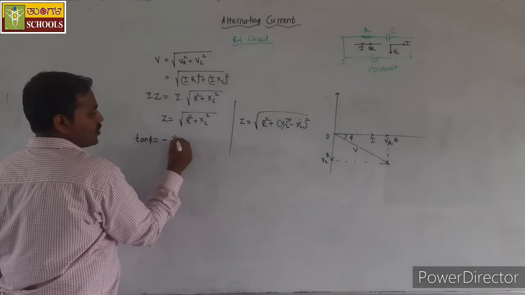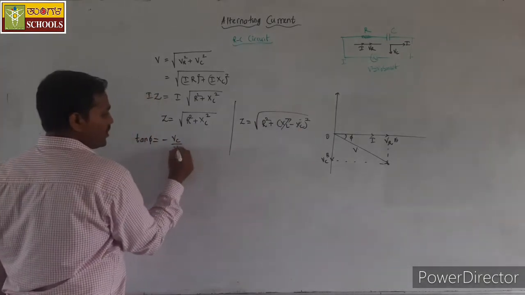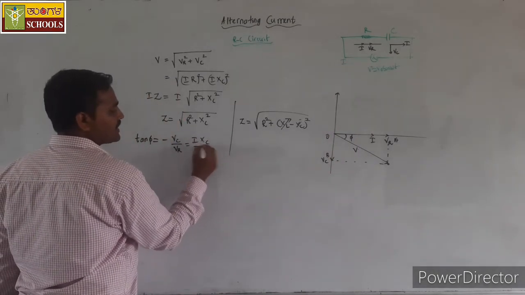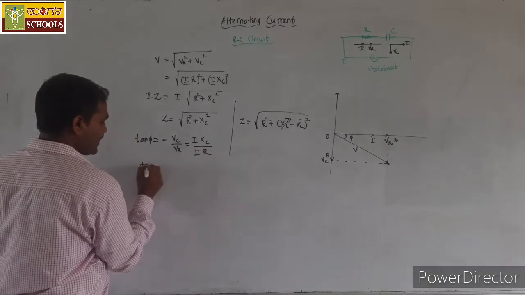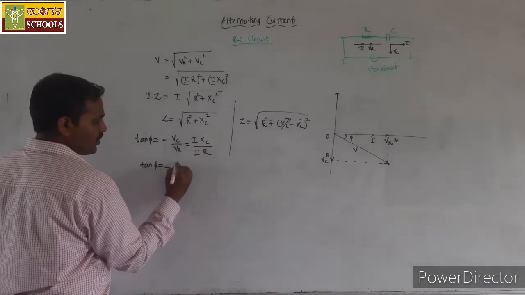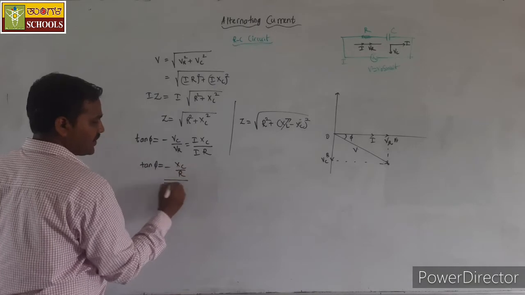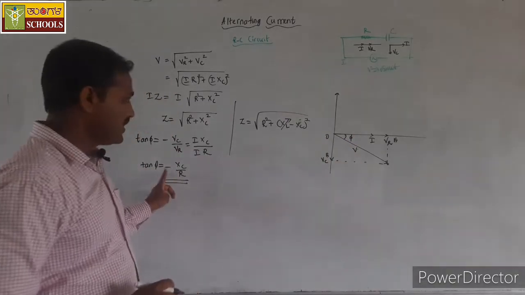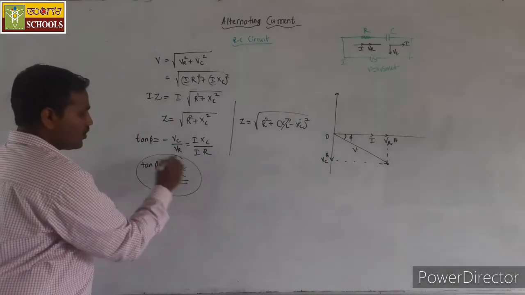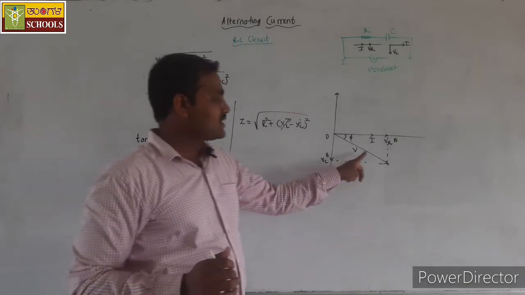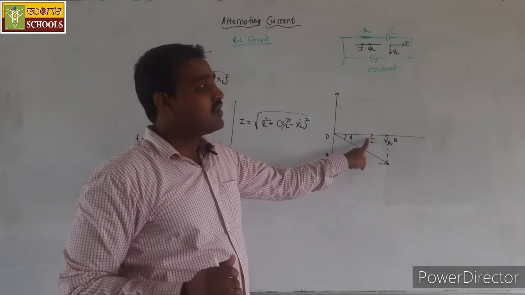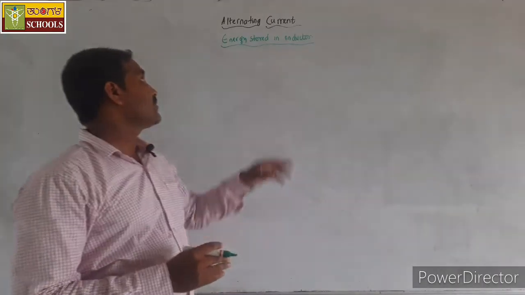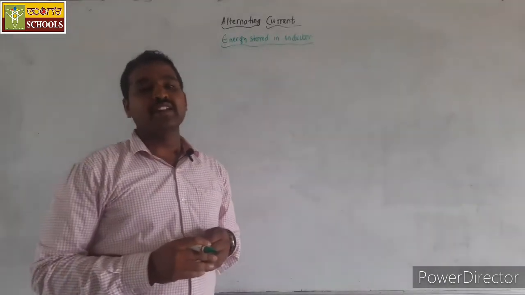I can write it as Vc divided by Vr, that is equal to I into Xc divided by I into R. So tan phi is equal to minus Xc divided by R. This negative sign just indicates the voltage is lagging the current. By this I can get the phase angle between the resultant voltage and the current when we have an RC circuit.